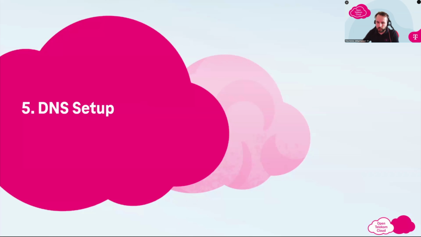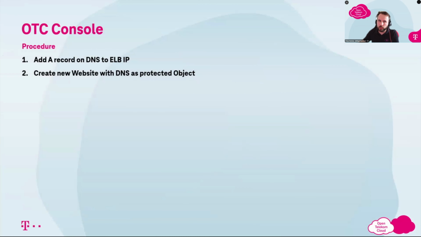You want to access the name of your website directly. Therefore, as the next step you want to add an A record on the DNS for the external IP address of your ELB. And you then also need to create a new website with the DNS object as a protected object for your WAF instance. So basically, that is the next step we want to do.